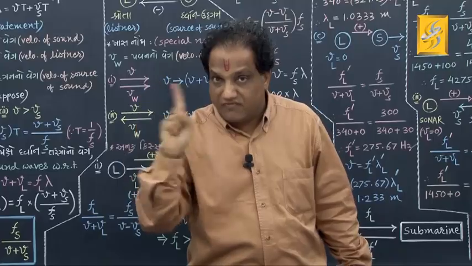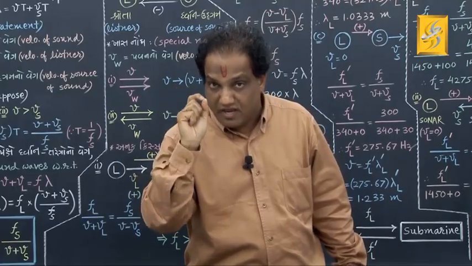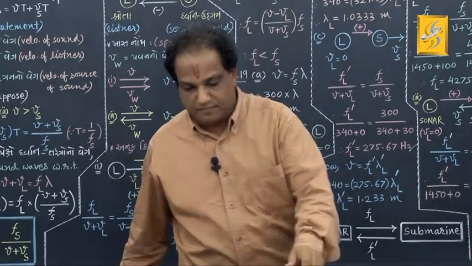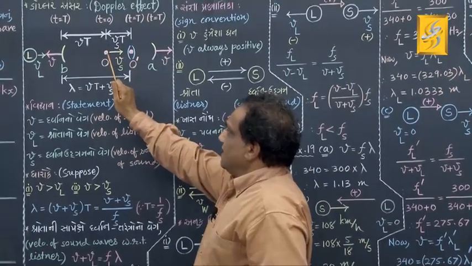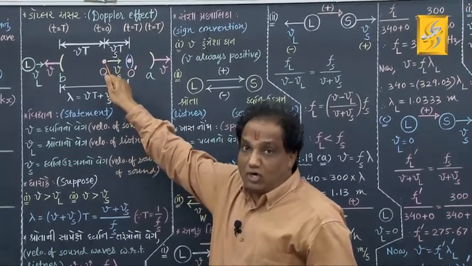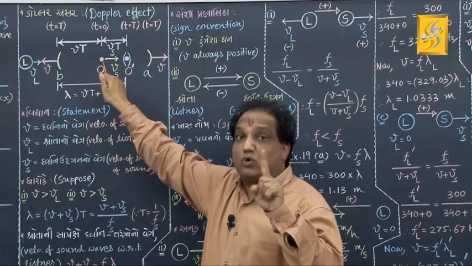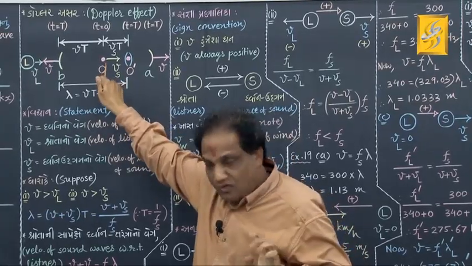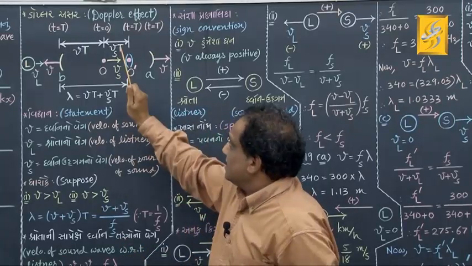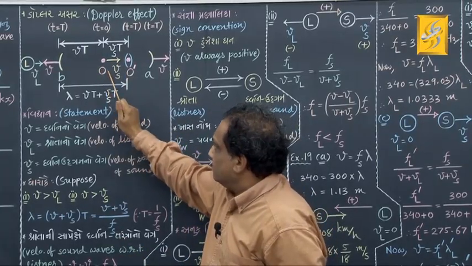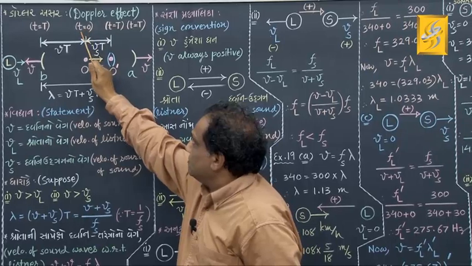Try to understand the figure which I have drawn on the board very clearly, please. Take this pink colored dot as a source of sound. It is located at point O at time t equal to 0.